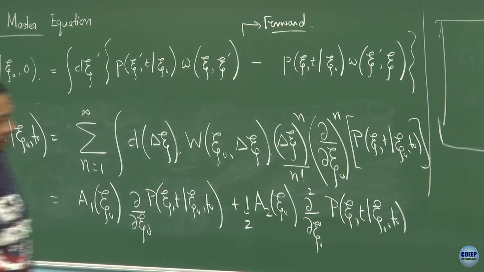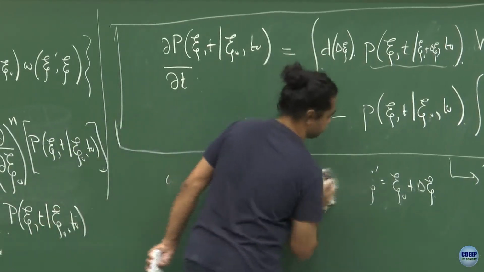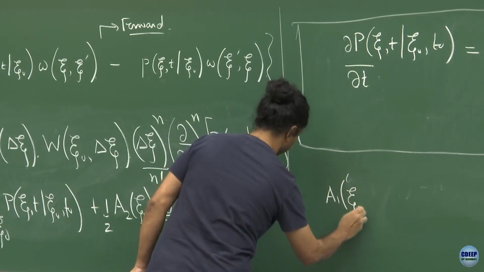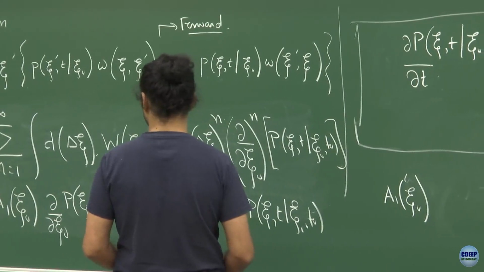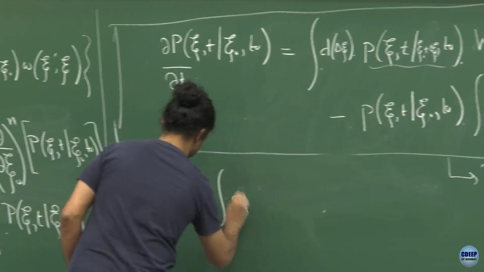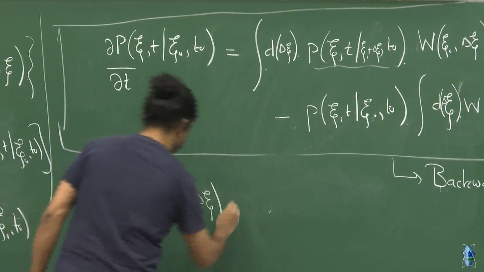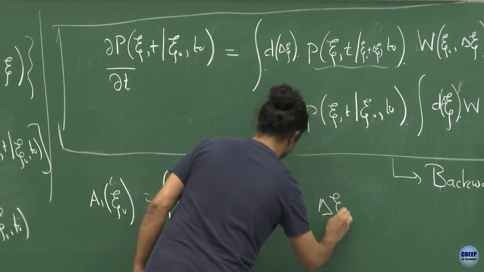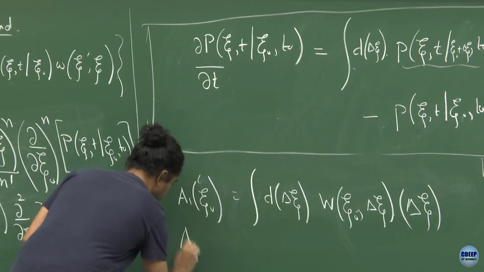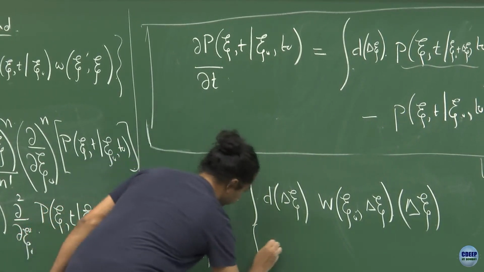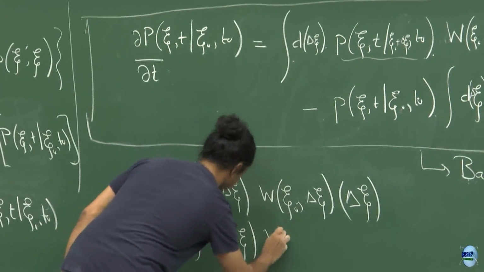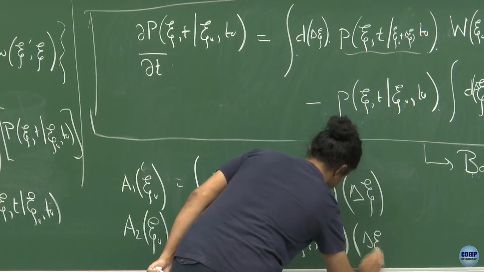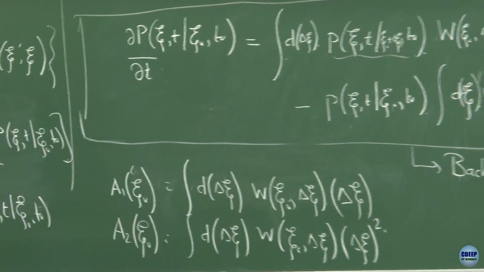Where my A1 and A2 are again exactly the jump size moments. So A1 of ξ₀ is the integral d delta ξ, w of ξ₀, delta ξ times delta ξ, and then A2 of ξ₀ similarly.